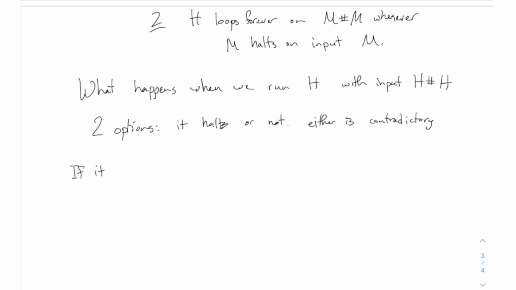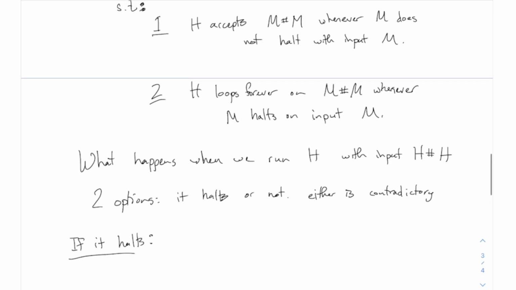If it halts, look at what happens. That means that if H halts with input H hash H, then by number 2 here, it says H loops forever on this input whenever M halts.